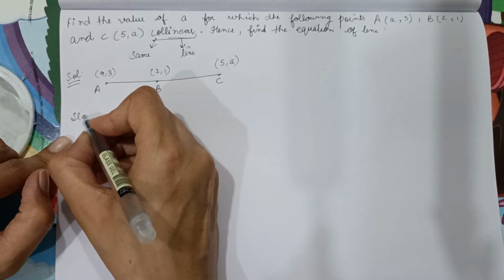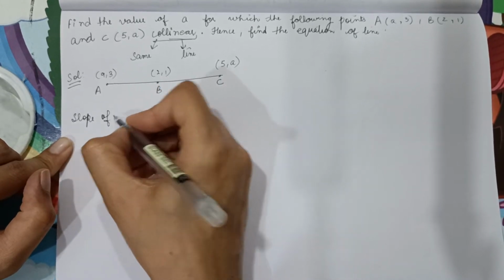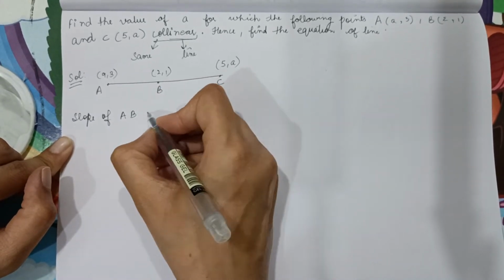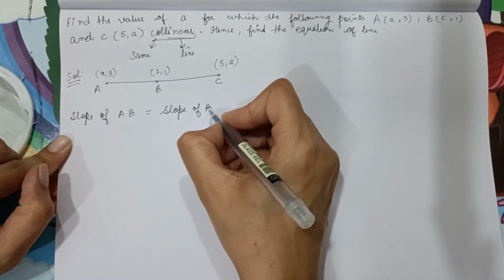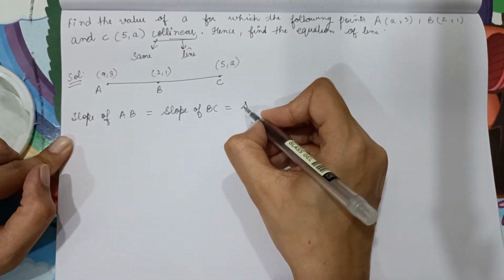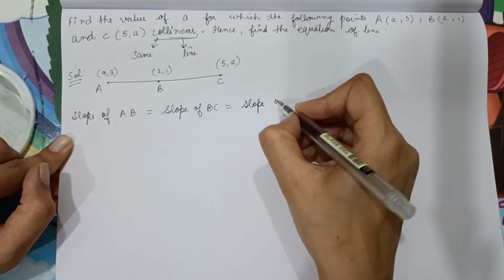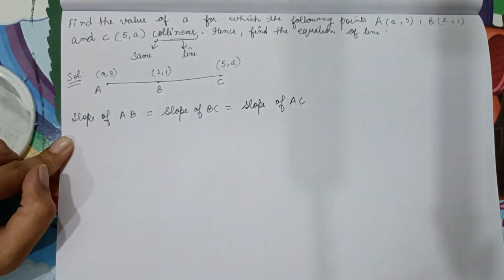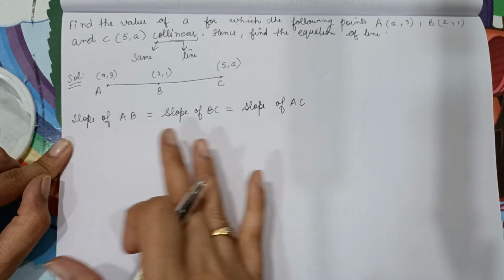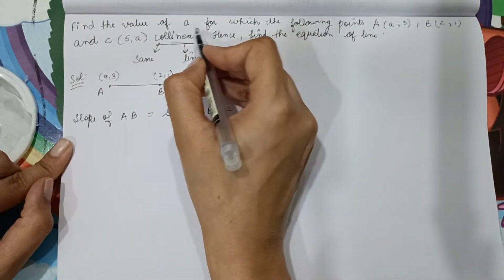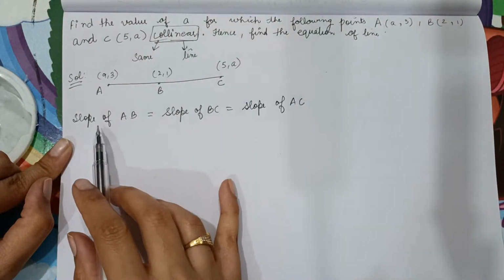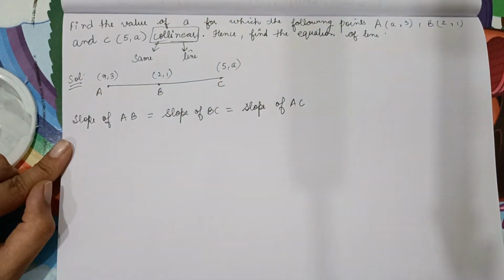So slope of AB equals slope of BC equals slope of AC. When the points are collinear, the slopes will be the same. This is what you have to remember always: if you see the word collinear, you have to equate their slopes.